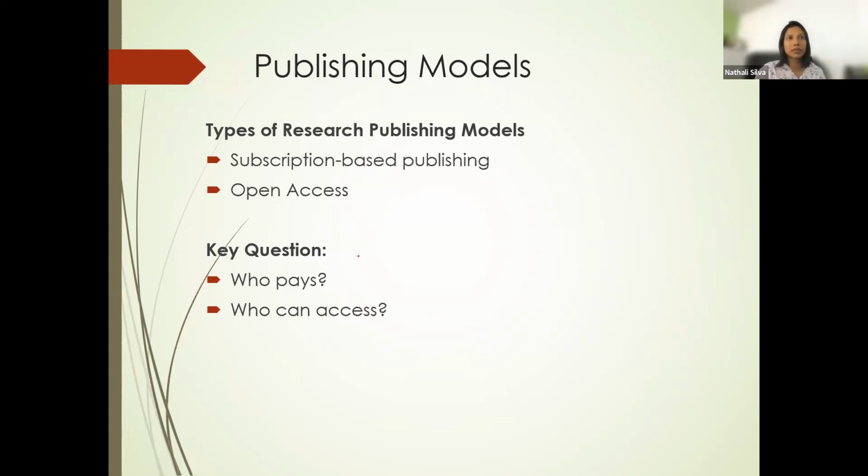Imagine you submit your work, it gets accepted luckily, but still when it comes to publishing, we don't have funds to pay for it. It's not just like $100, $200. It comes above 4,000 USD minimum. So that is why we need to think about the publishing model as well.